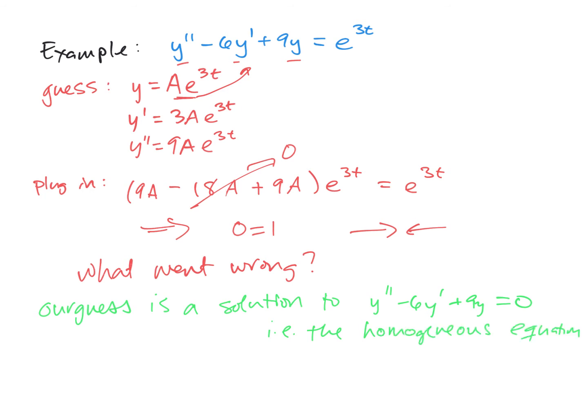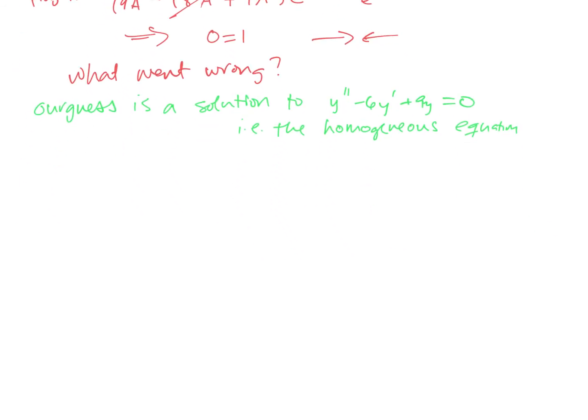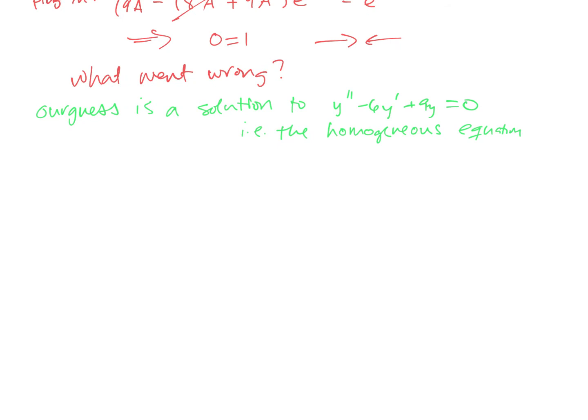Remember when we did the homogeneous equation, let's see what happened there. We would find the characteristic polynomial, so that's r squared minus 6r plus 9 equals 0, and we can factor this into (r minus 3) squared.